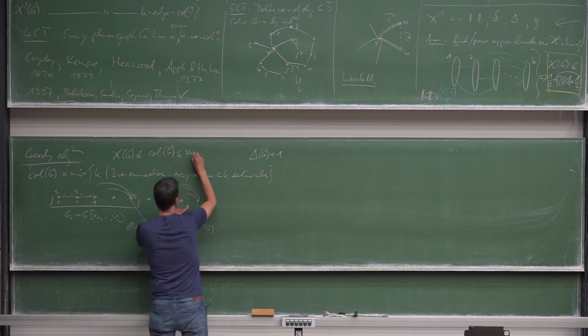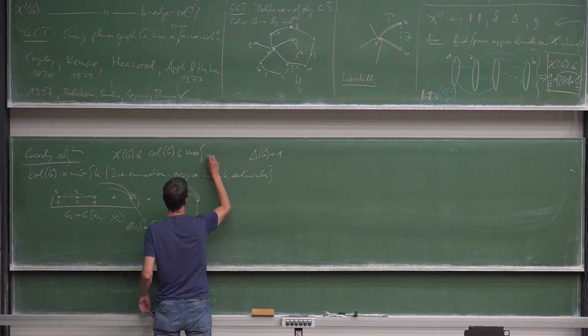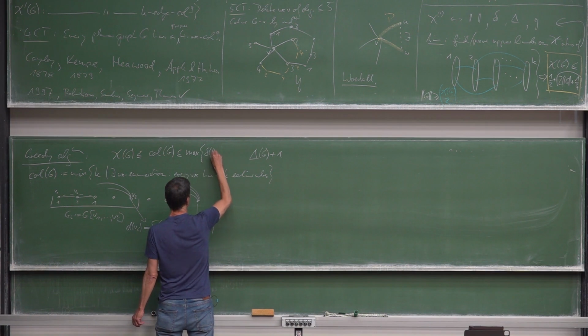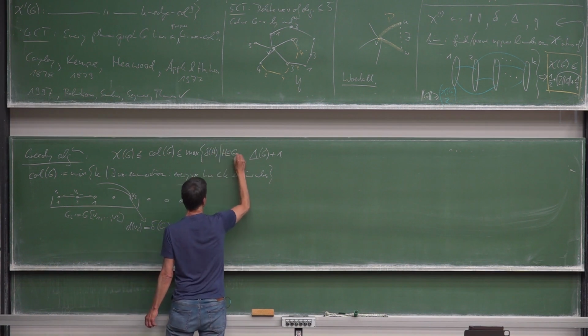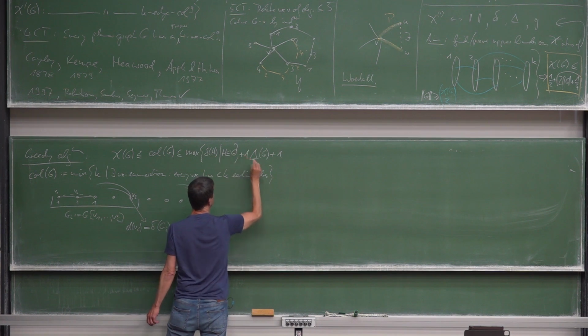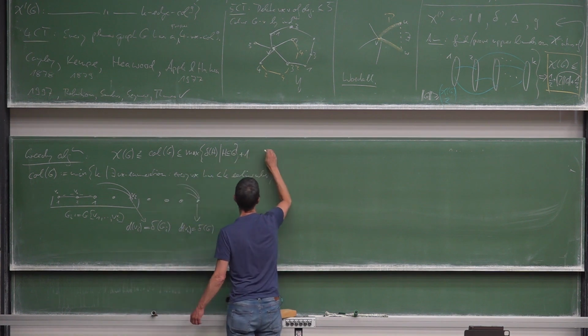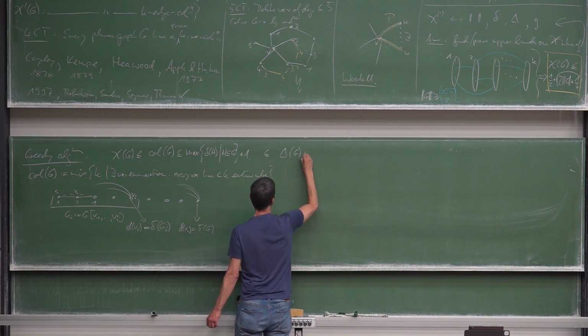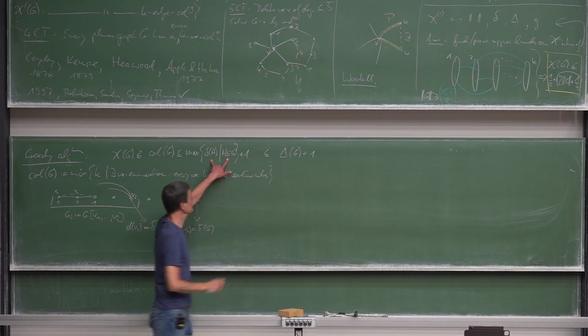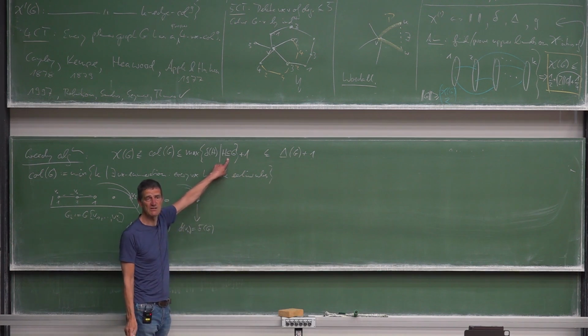So that's the maximum of all delta of H, any subgraph of G, plus 1. I'm being pretty sloppy here, so I'm maximizing over all the subgraphs.